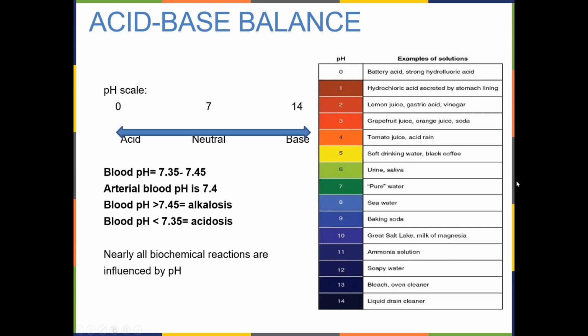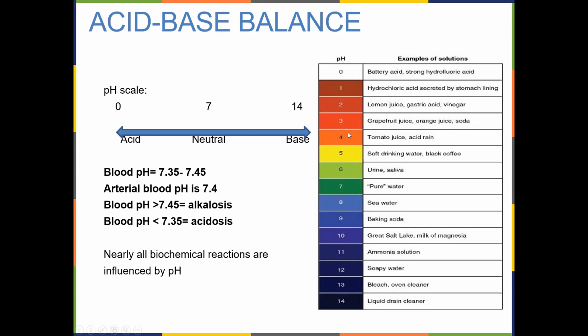And we see the scale. I'm sure you remember this from AP1. It's on your head to make you feel better. There's the pH scale. Distilled water is a pH of 7. It's neutral. We can see that urine and saliva are 6, coffee is 5, and then acid rain and tomato juice.